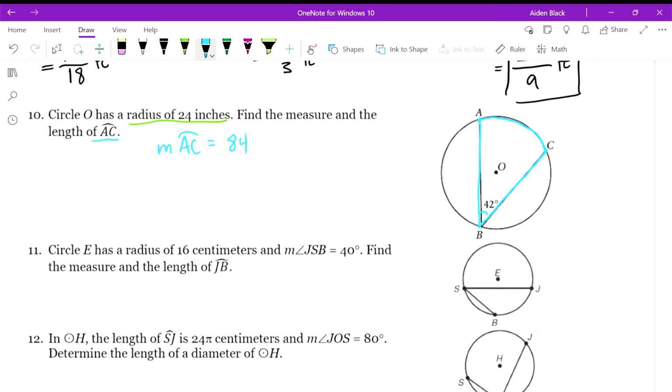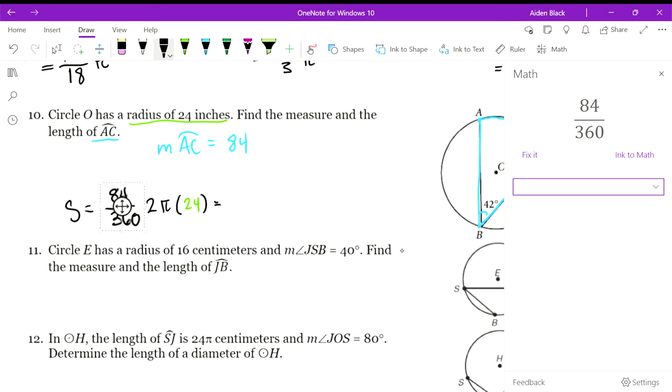Okay, so remember, arc length is equal to the arc measure divided by 360 times 2 times pi times the radius, which is 24. 84, let's see, how can we break down 84 and 360?